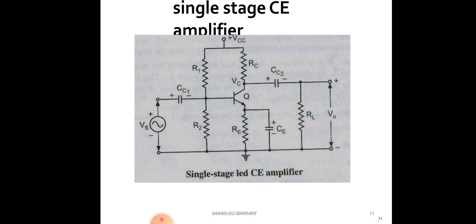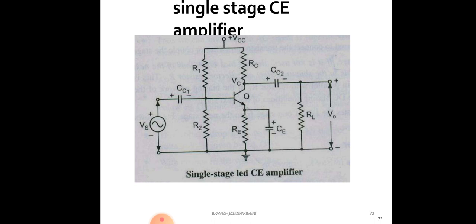CE is a bypass capacitor, and C2 is also a coupling capacitor. If you want to use another stage, you can connect the next stage with the help of this C2 capacitor, which is called an RC coupled amplifier. RL is the load resistor, and Vout is the output voltage.